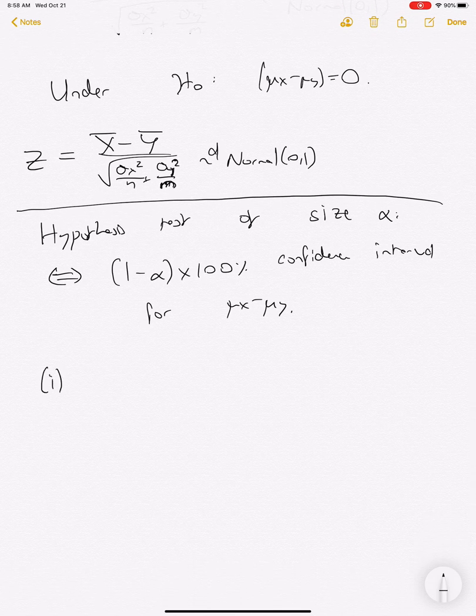Okay, so then we have that for alternative 1, which is H1, which is mu x not equal to mu y. So this is a two-sided alternative.